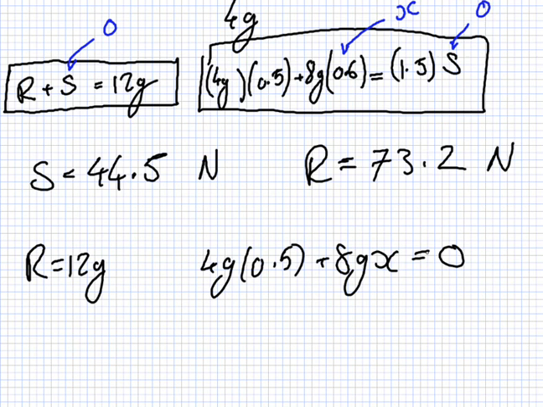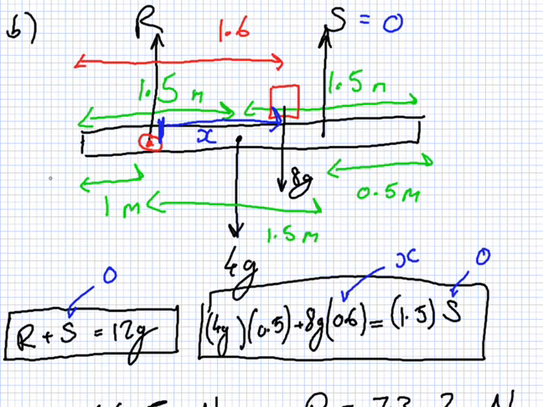No need to panic. 4 times 9.81 times 0.5 divided by 8g. So I got x equals minus 0.25. So what that means is it needs to be here, 0.25 from this point.